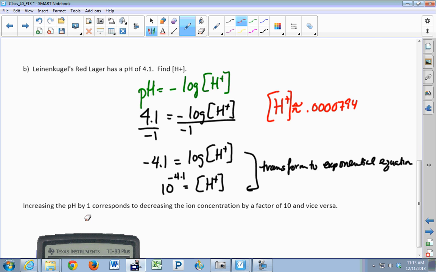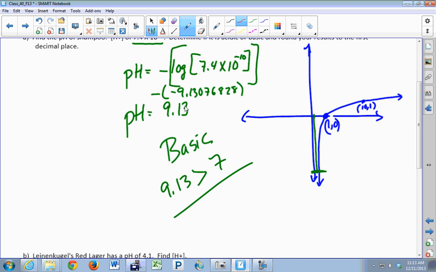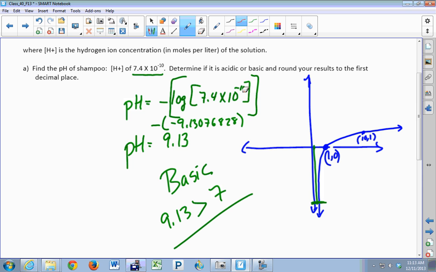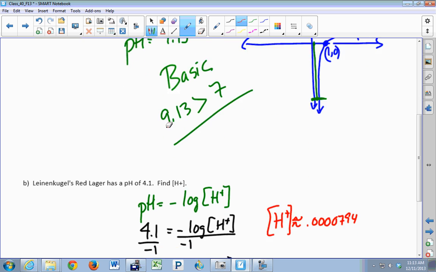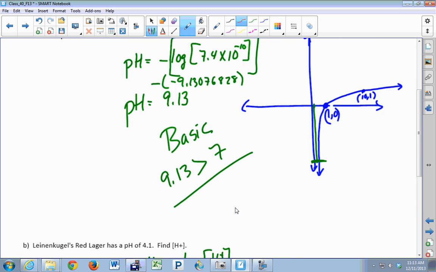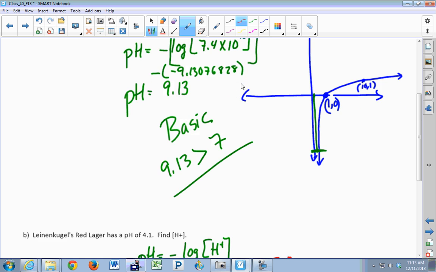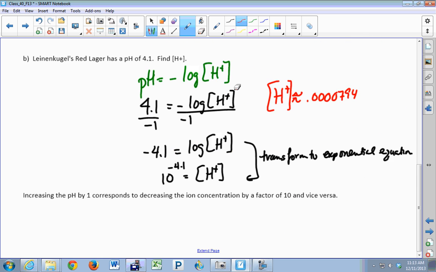That's how you're going to be dropping by a power of 1, because this will go from -10 to -9 to -8. Okay, so notice this was 9 and this was 4. Not exactly 5 whole units, but the power dropped from -10 to -4.1.